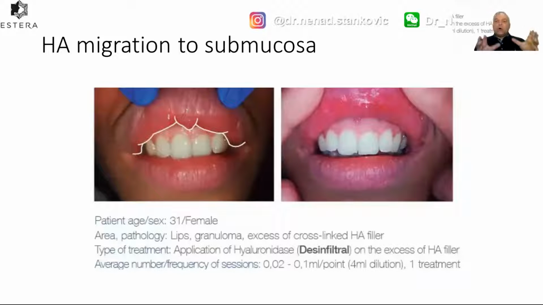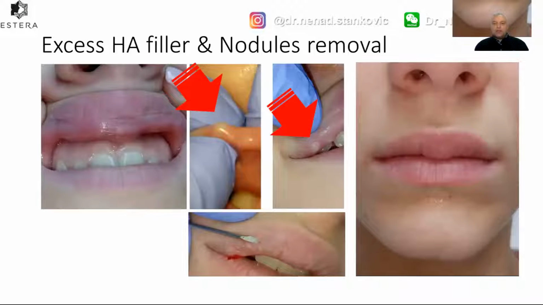When she came, I saw a lot of product very superficial to the mucosa, and you could see a lot of filler, just like when you see a frog going like this. So that was actually a balloon of hyaluronic filler. I applied the hyaluronidase there, and after 15 minutes of massage, it completely dissolved.